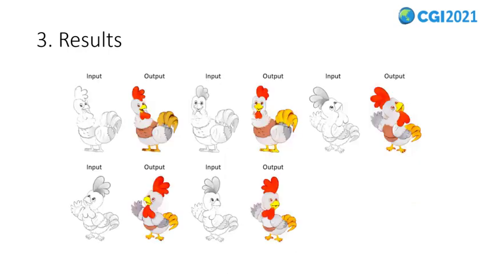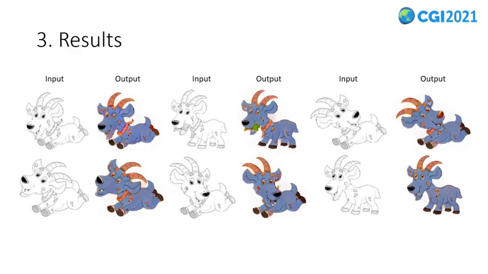Besides the characters, we also tested some cartoon animals. For some sketches with shadows, we can pre-process them first. And here are some more examples.